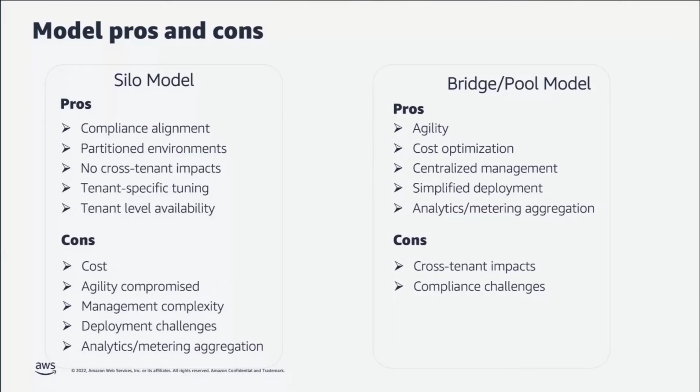Also, you want to isolate your premium customers from noisy neighbors. It also adds the advantage of scaling out your tenants horizontally. With respect to availability, the blast radius can be reduced to per tenant using the silo model.